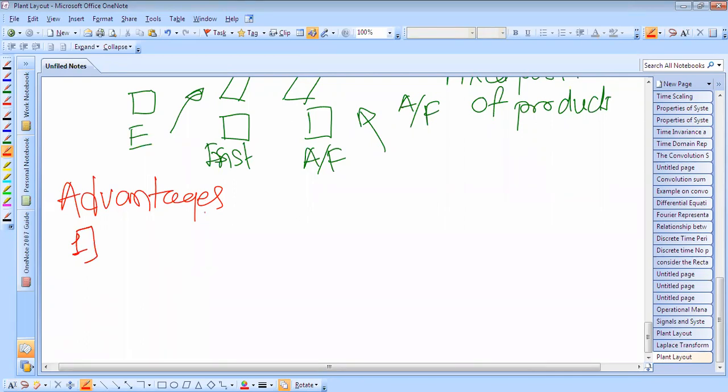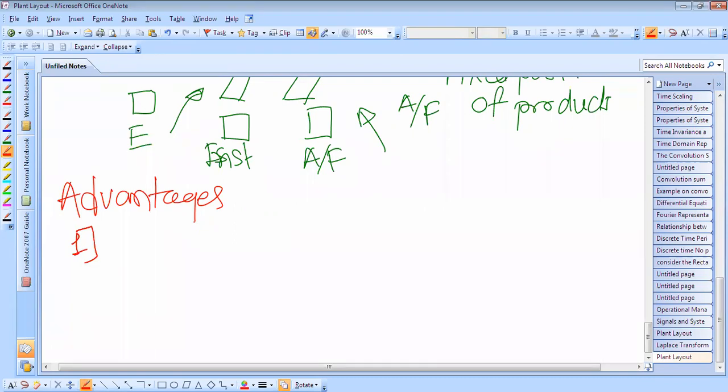Less skilled workers can be used for manufacturing these different items. But in fixed position layout, it is very necessary to assign one or more skilled workers to the project from the start to the finish in order to ensure continuity of the work.